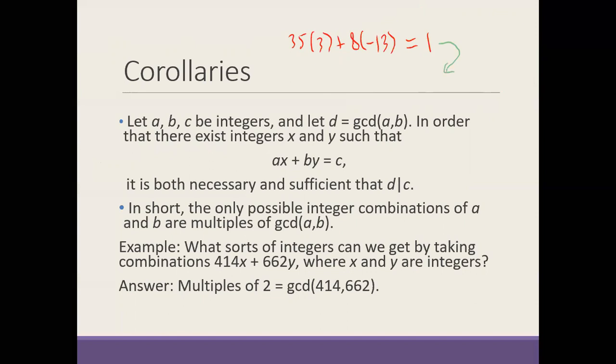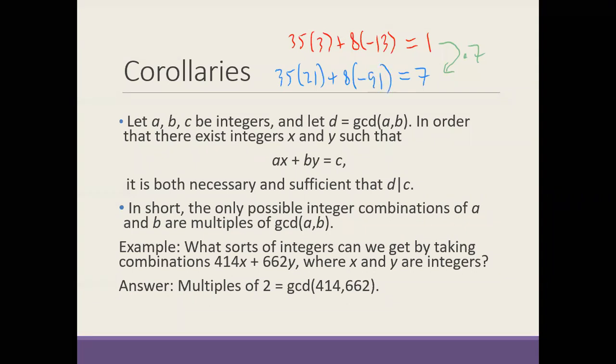Well, if I want 7, I just multiply by 7. The right-hand side becomes 7, I keep 35 and 8 the way they are, but I have to multiply 3 by 7, which is 21, and negative 13 by 7. What's negative 13 times 7? That's negative 91.